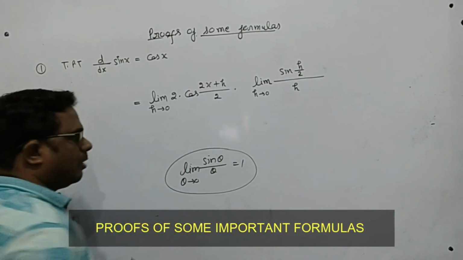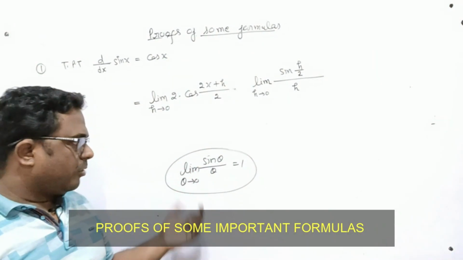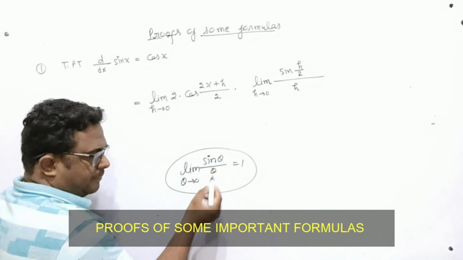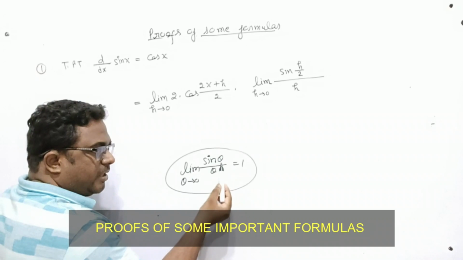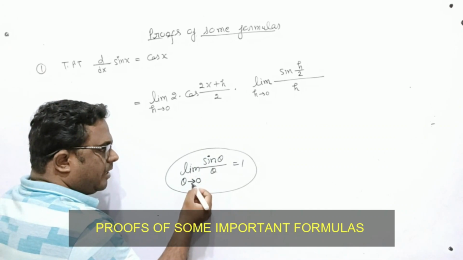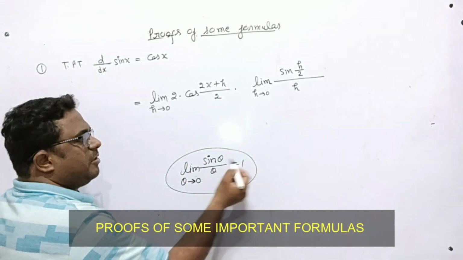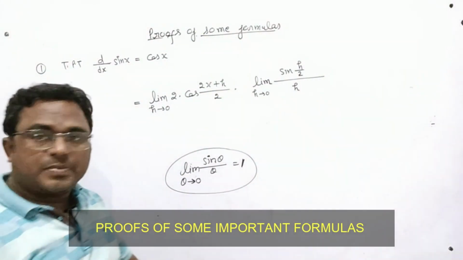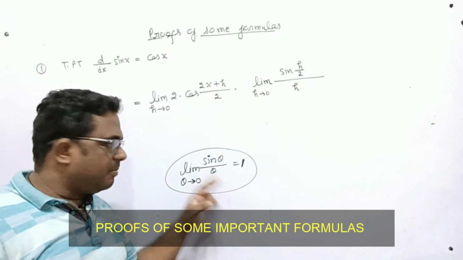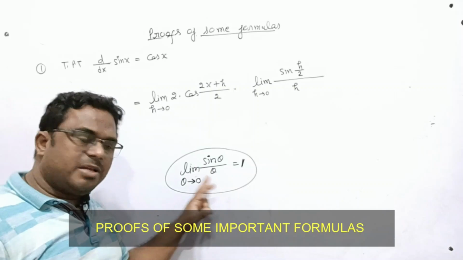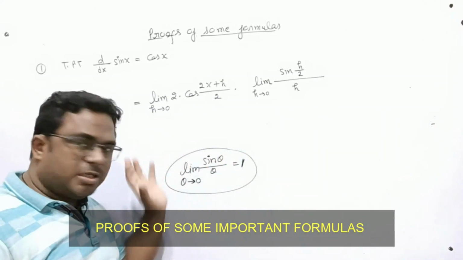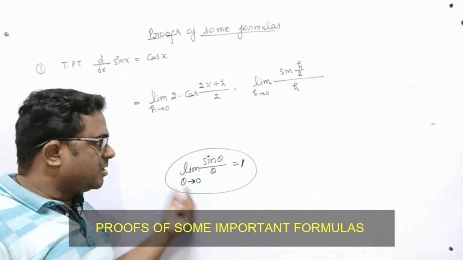In this theorem, the main thing is that whatever angle is associated with sine, the same angle must be in the divide, and limit must be tending to 0 also. If all these conditions are satisfied, then the result of this limit will be 1.